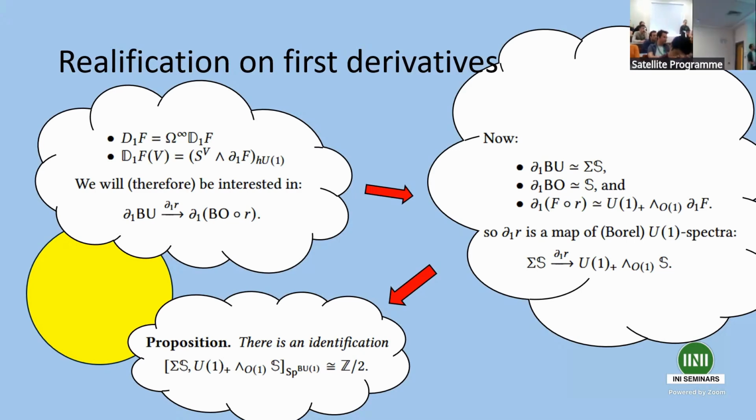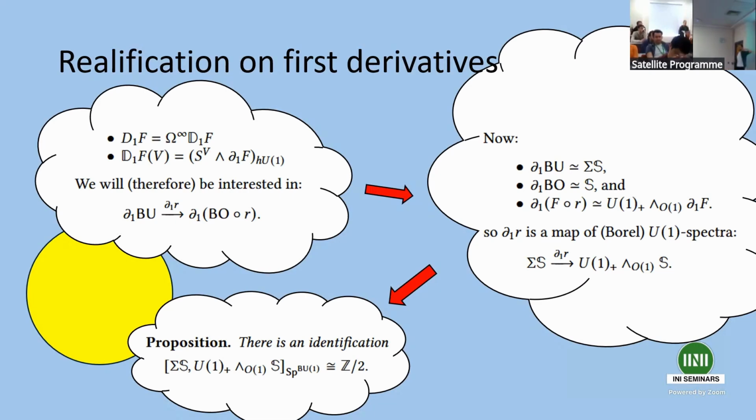So for a unitary functor, there's a first derivative, which is a space-valued functor, and that arises as loops infinity of the spectrum-valued version of D1. And when you evaluate that spectrum-valued thing on your favorite vector space, it enjoys this nice formula.